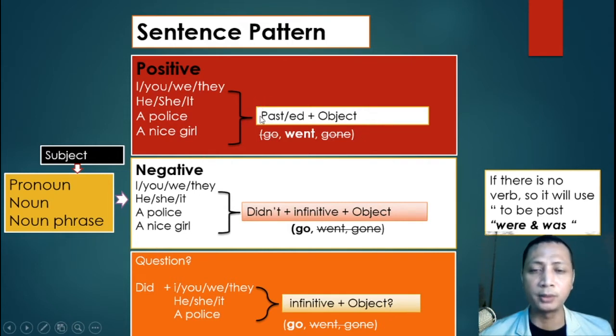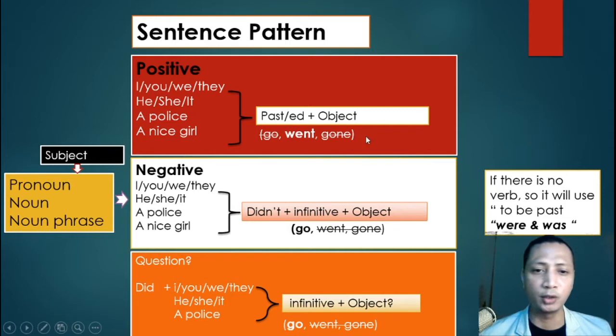When we use past and when we use ed, take a look at the examples here. There is the infinitive, what we call verb 1, here is go, and then the past is went, and then the past participle is gone. So go, went, gone.